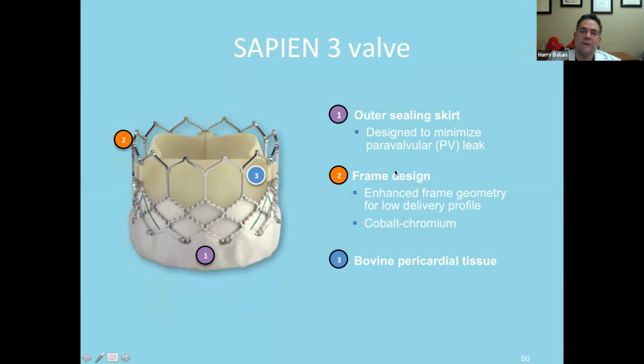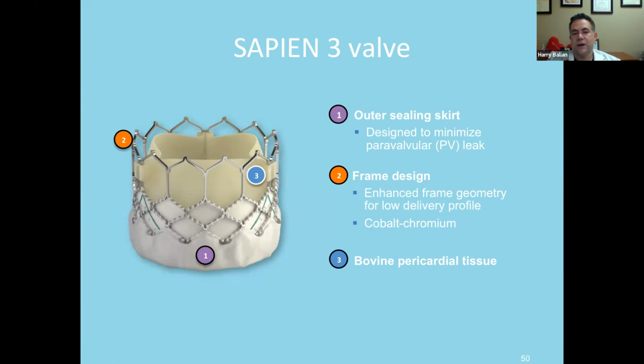This is a SAPIEN valve. Basically, it's a bovine valve that's mounted inside the stent strut, and this stent itself is crimped on a balloon. It's delivered across the aortic valve, and the heart rate is raised to about 180, where the LV is disabled.